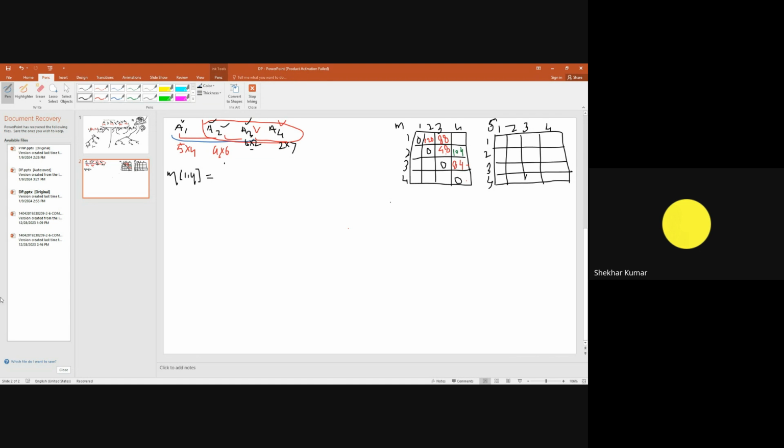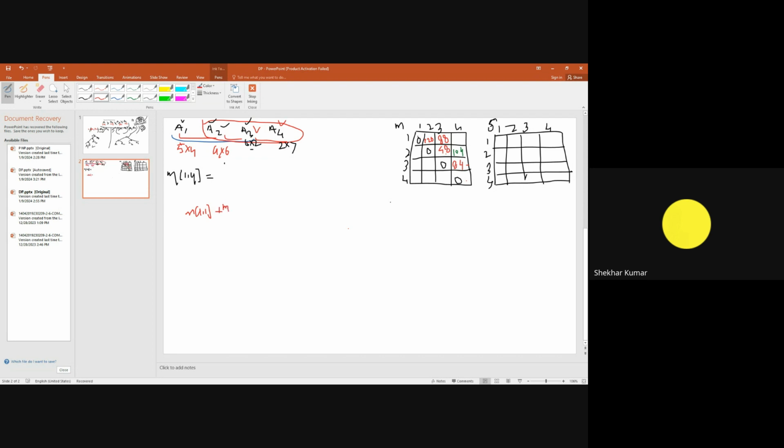So I will calculate all ways. In the first way, at first, I'm taking one matrix plus I'm calculating A2 to A4.